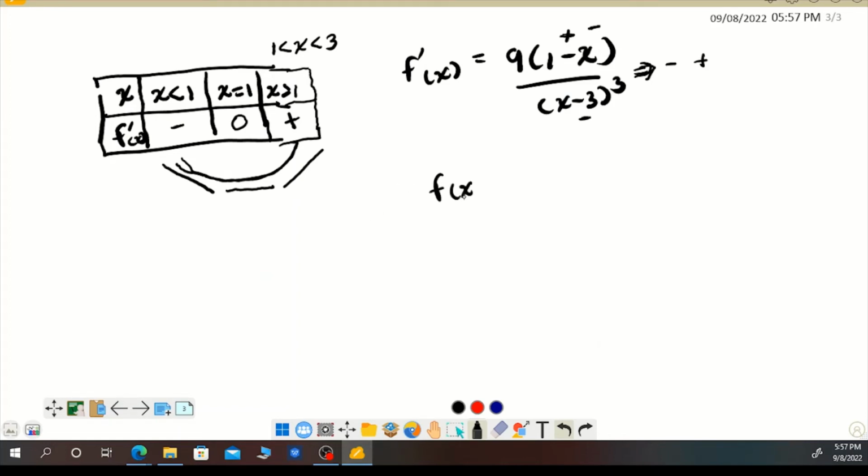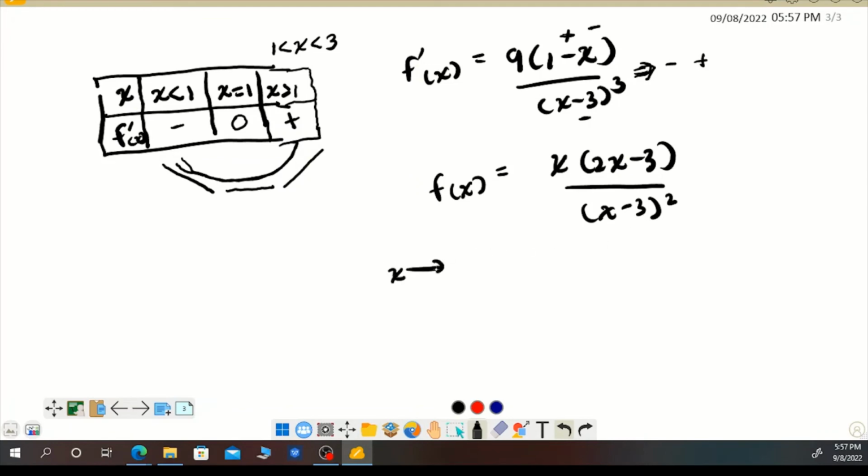So I have f(x) equals x, 2x minus 3, divided by x minus 3 squared.